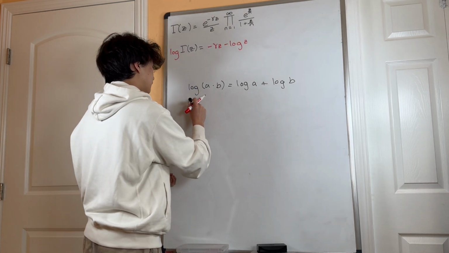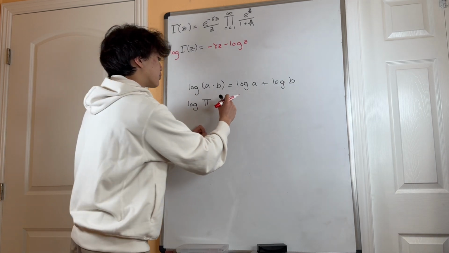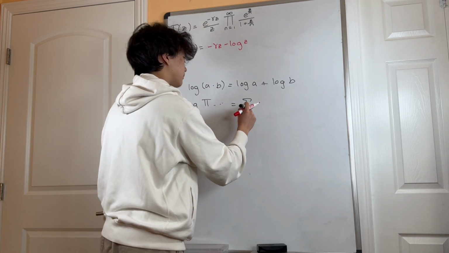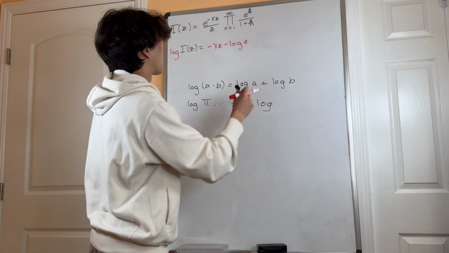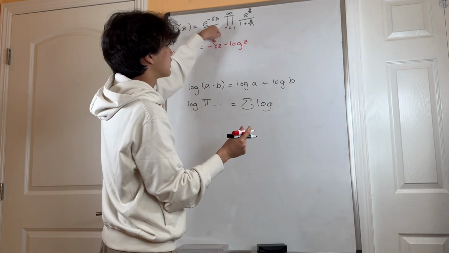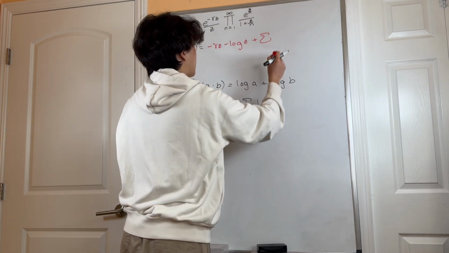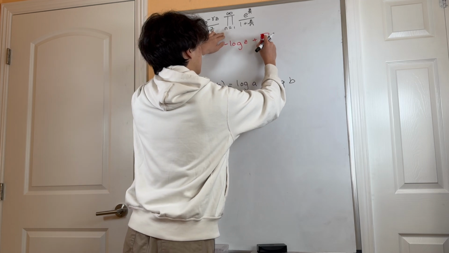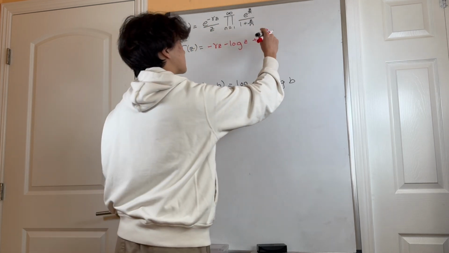If you have the log of a product of numbers, you can break it up into the sum of the logarithms. So that's exactly what we're going to do here. If we take the log of this product, we can just turn that into the sum, over the same index as well, of n equals 1 up to infinity, and then the logarithm we move to the inside.